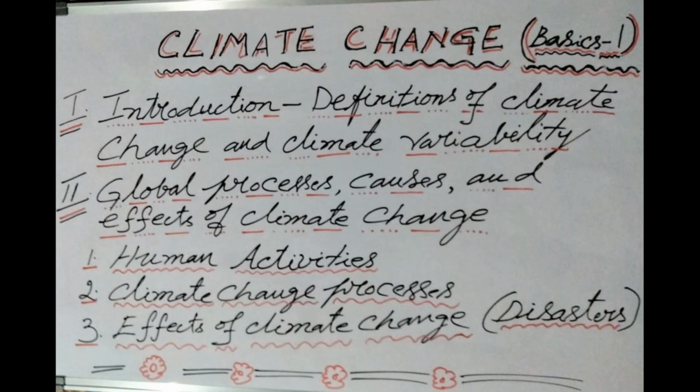Number 2, biodiversity losses. Number 3, casualties. Number 4, economic losses. Number 5, disease spread. Number 6, subsistence farming and fishing at stake. These are all the effects of climate change due to the greenhouse effect and global warming.